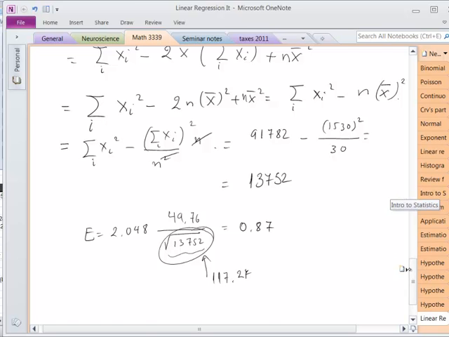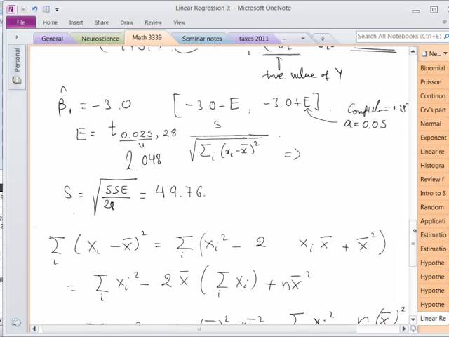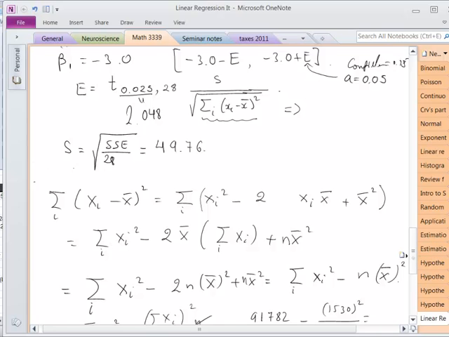Now I want to calculate the margin, and as you see, the margin of error, E, is given by this formula. So now I want to estimate what is here under the square root. Let's look at one calculation.